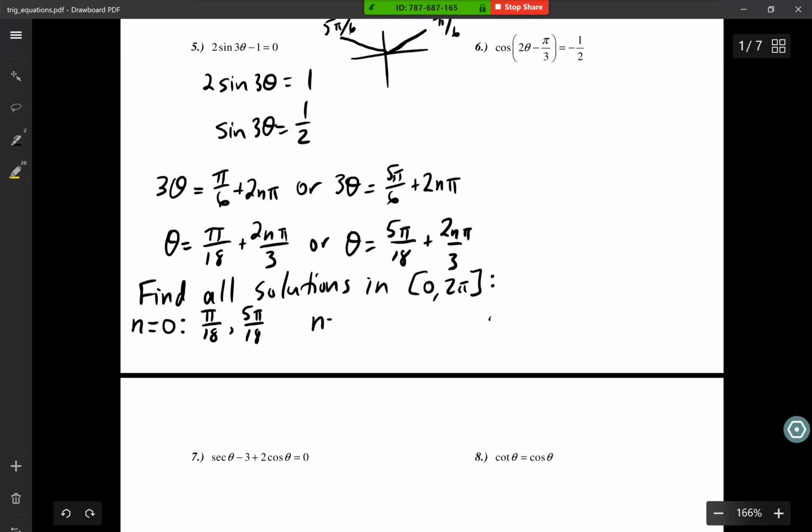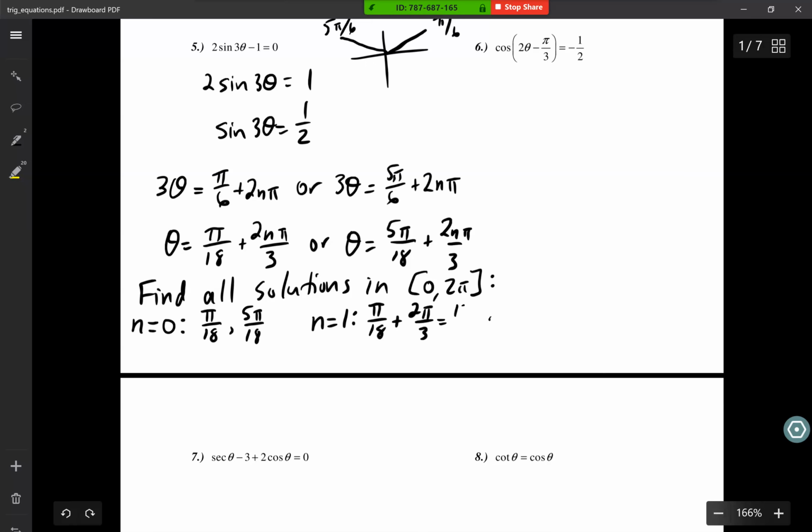Let's do n equals 1. So what that means for the first one is that you would have pi over 18 plus 2 pi over 3. So we're plugging in 1 for the n. If I get a common denominator here, multiplying top and bottom by 6, I would get 12 pi over 18 plus another one.